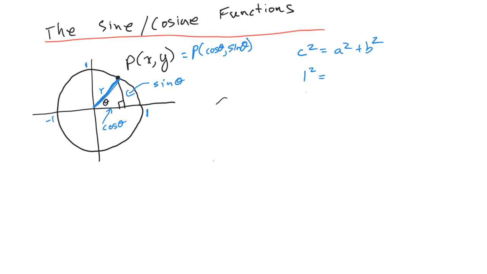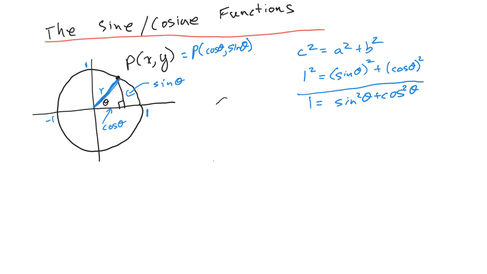Now, the altitude is sine theta, and you square it. And then we're going to do the same for the base, which is cosine of theta squared. Now, we can rewrite this as sine squared theta plus cos squared theta equals 1.